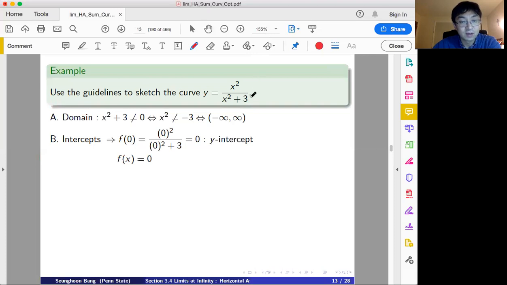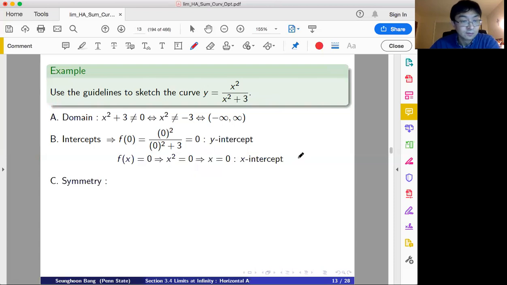This function is f of x. So we have x squared over x squared plus 3 equal to 0. Exactly, numerator equal to 0. We have x squared equal to 0. What is x? X is 0. So x equal to 0 is the x-intercept.